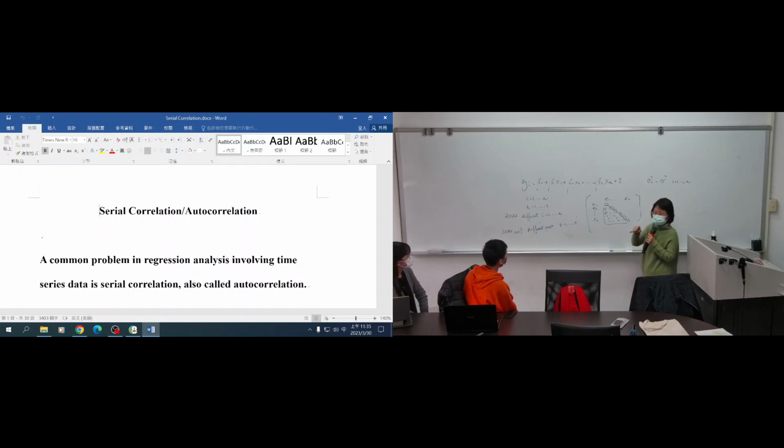And usually for time series data, there is not only serial correlation, but also heteroscedasticity. Therefore, if we work with finance data, usually we'll work with models which deal with autocorrelation as well as heteroscedasticity.